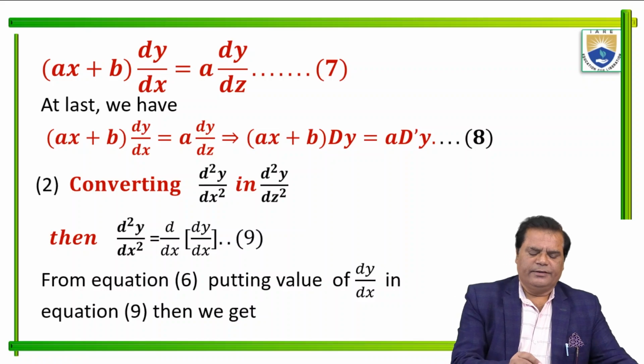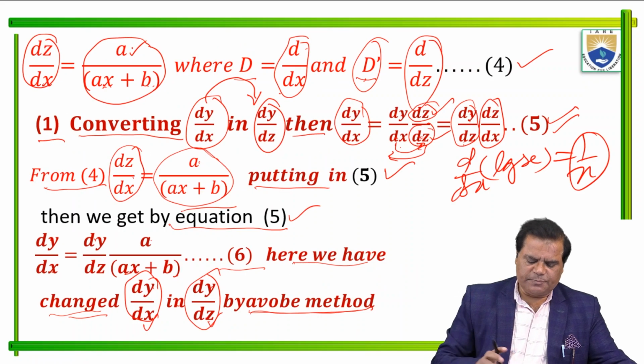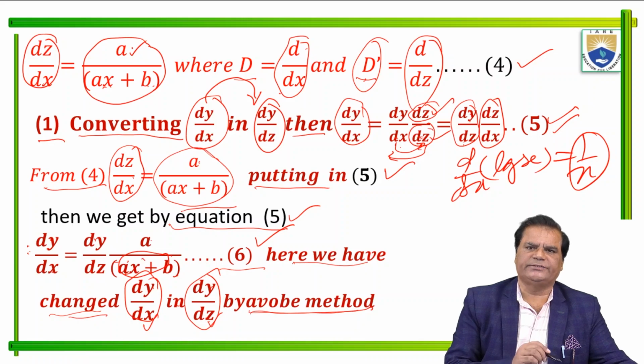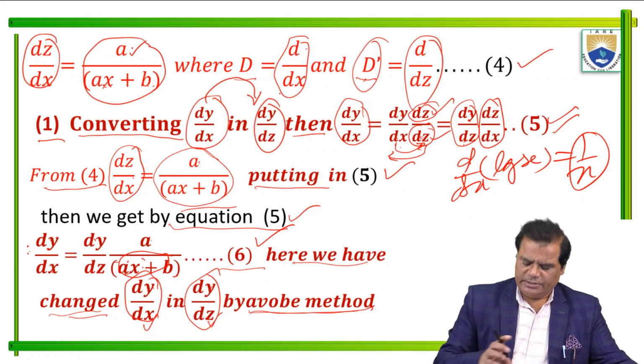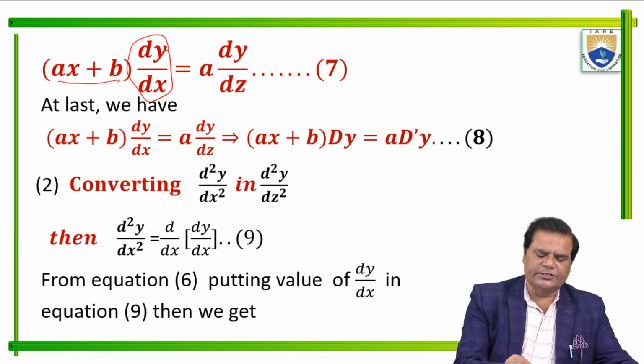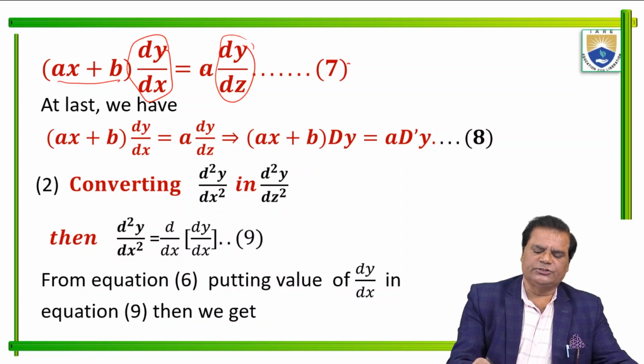Now in equation 6, multiply by ax plus b on both sides. Then ax plus b cancels, and we get ax plus b dy dx equal to a dy dz. This is equation 7.